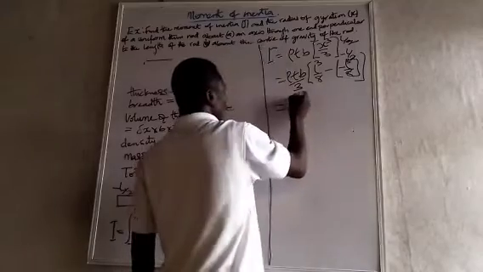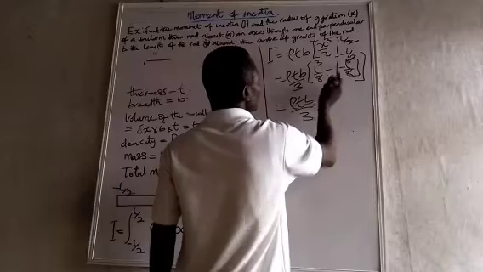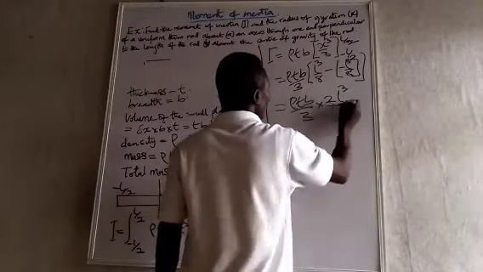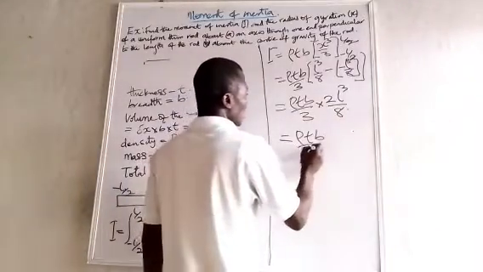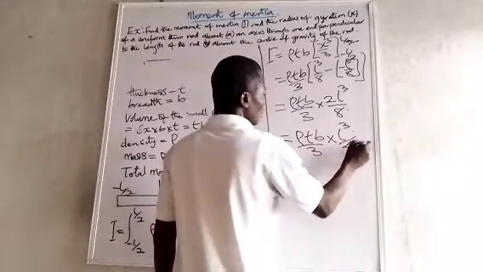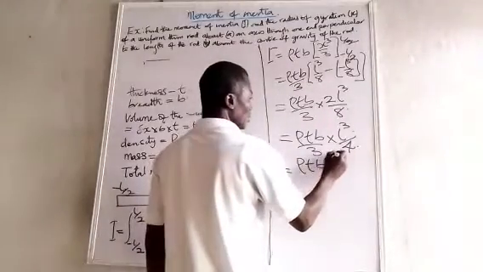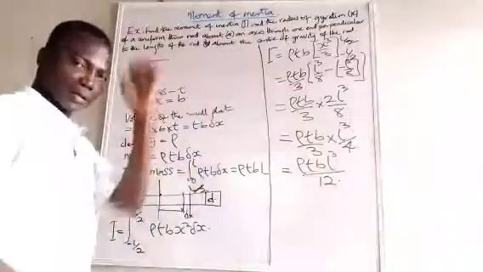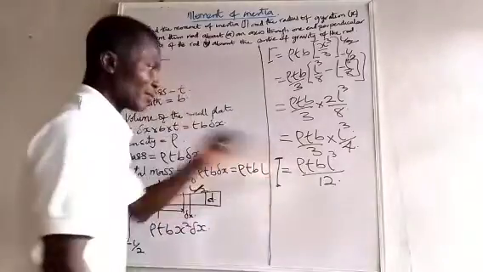So it's going to be rho C B over 3 times 2L cubed over 8, which is rho C B over 3 times L cubed over 4. Rho C B L cubed over 12. So this is our new I, if it is taken about the center.